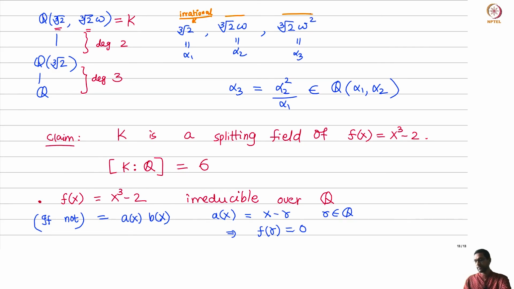So you can't have any of the roots in Q, which means this polynomial must be irreducible over Q. So the first element you adjoin, the cube root of 2, has a minimal polynomial of degree 3. Its minimal polynomial is exactly this. Therefore, by what you have seen before, when you adjoin a single element, the degree of the extension is just the degree of its minimal polynomial. So that's degree 3.